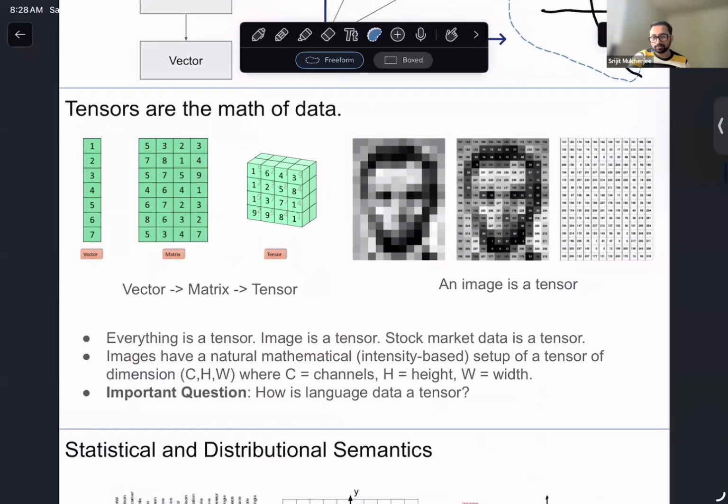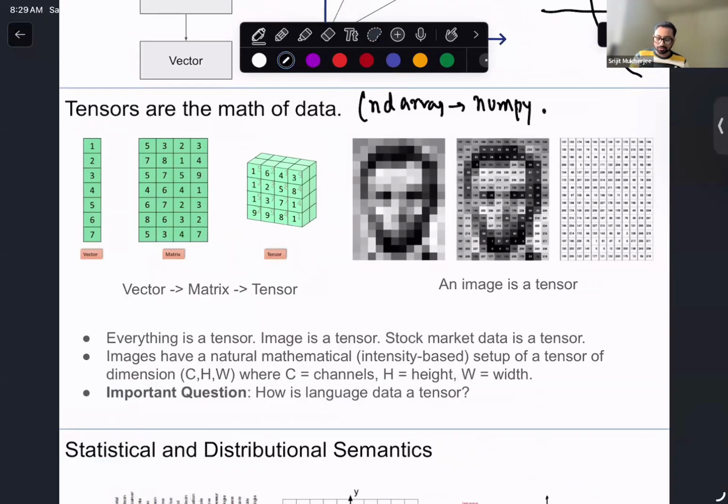I forgot his name, but he asked what is the math of image. So it's very obvious here now. It's the tensors. So every data is represented as a tensor. It's a multi-dimensional vector, and that's why NumPy in Python was developed. The n-dimensional array in NumPy, or the tensor in Torch and PyTorch, is developed.